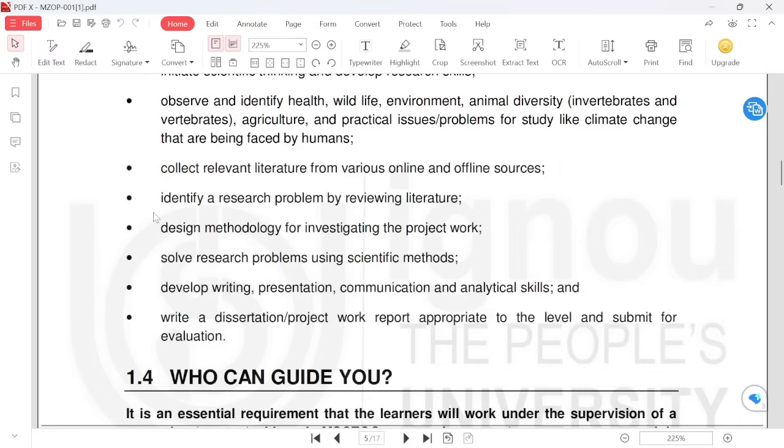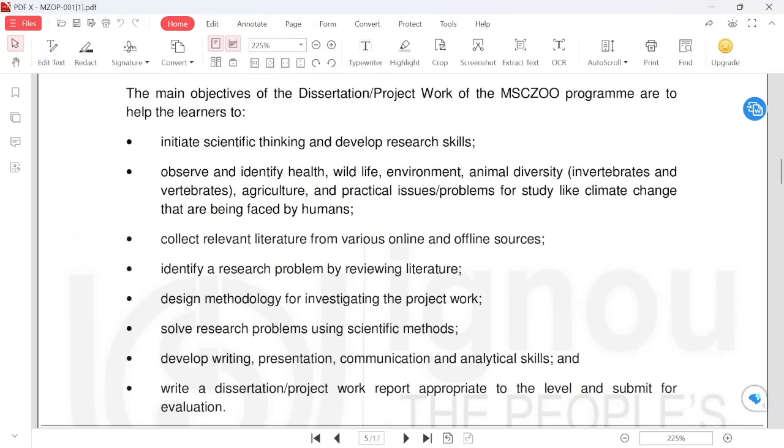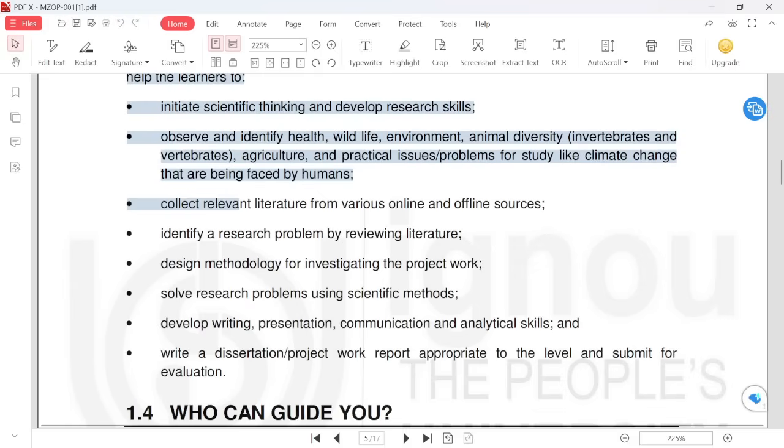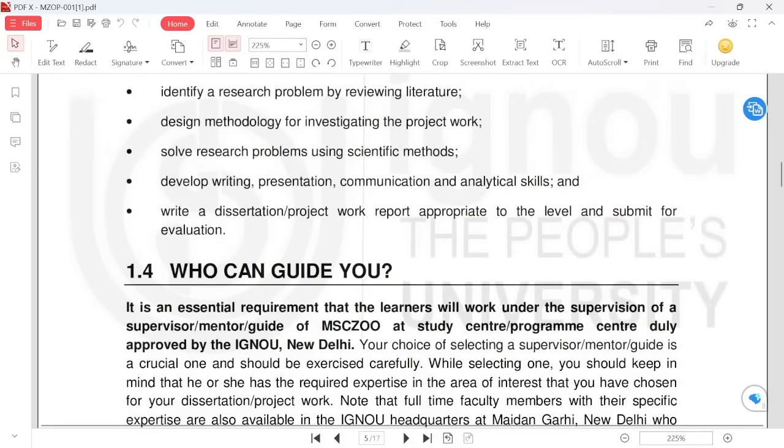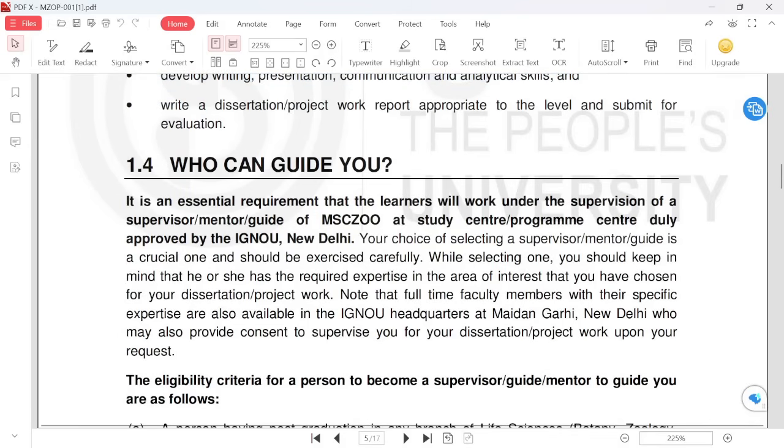Now, there are some objectives which are just behind making your project work. This is the common thing that we need to understand.